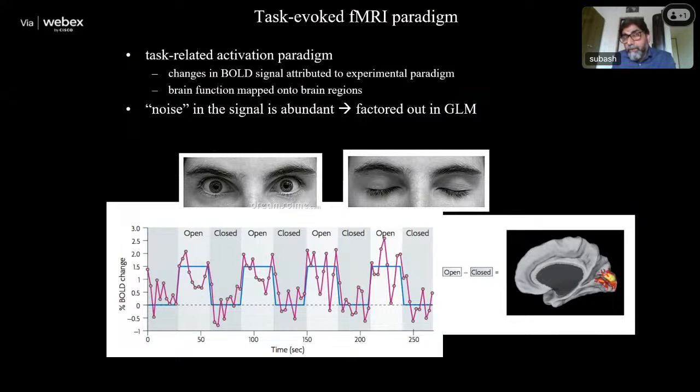If you want to look at the areas of working memory, attention, or decision making, you can design a task paradigm in such a way that it invokes that particular function. This task paradigm is itself a very complex area, and most psychologists can do this for you, who can design a task depending on the cognitive parameter you want to study.